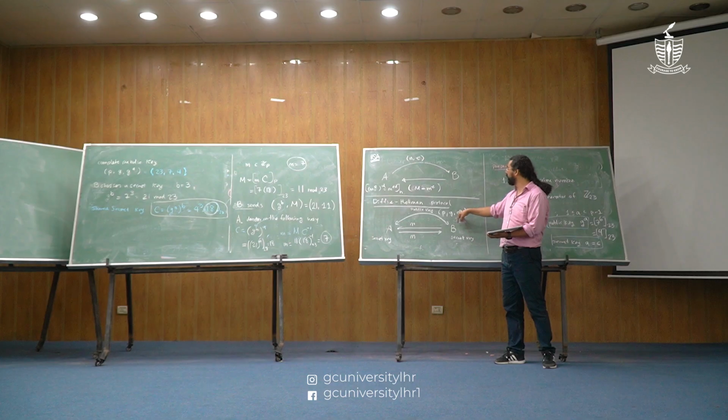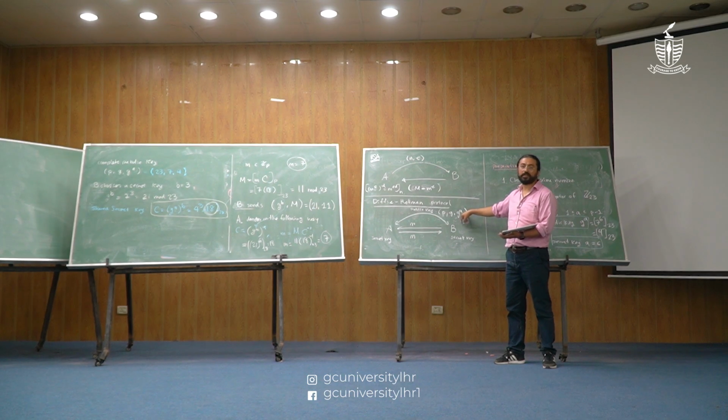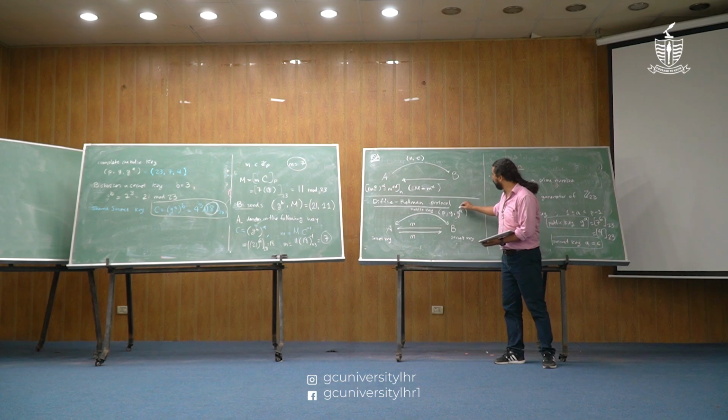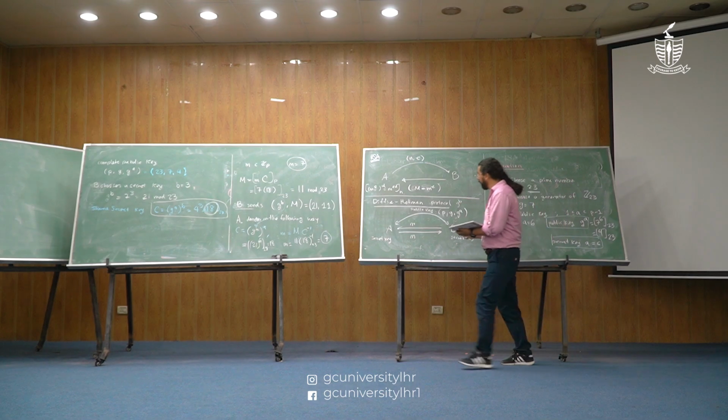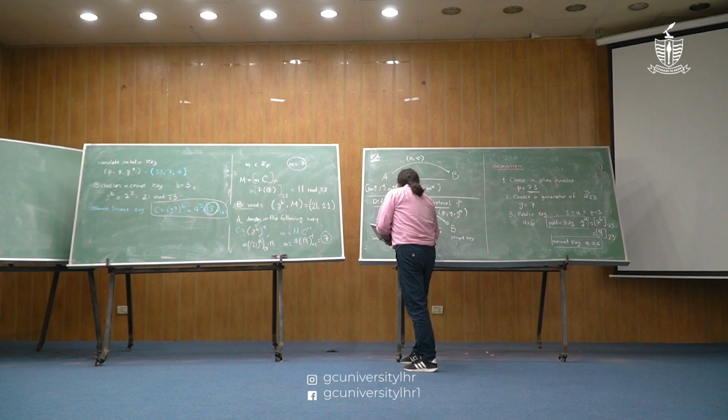G is a generator, and G to the A is the key that is used by either Alice or Bob. This could be G to the A or G to the B. And when you send a message, this is sending the message G to the B, M, and this is sending the message MC, and this is sending the message G to the B, MC.